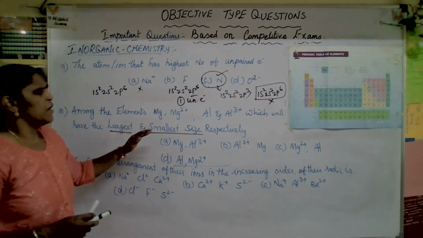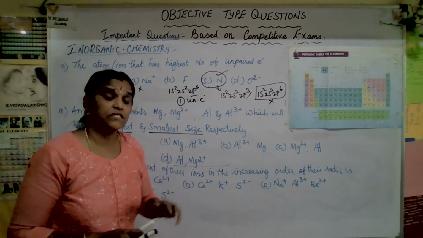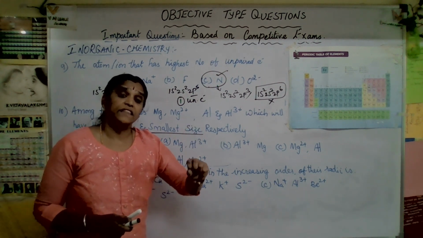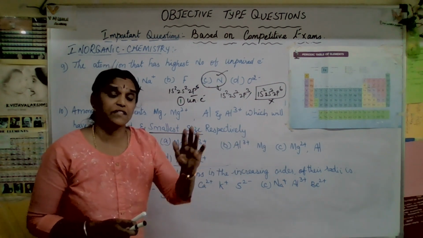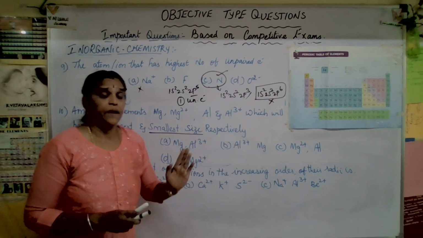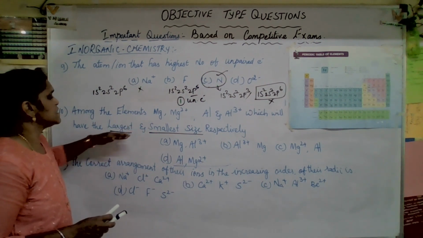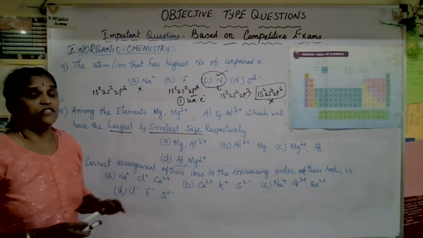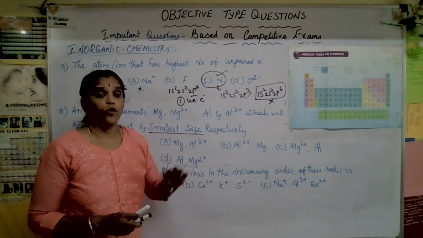Now, I would like to tell one thing here. Cations will always be smaller than the parent atom, because cations have contributed electrons, that is why you get the plus ion.